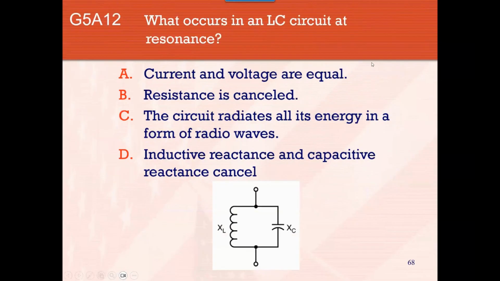What occurs in an LC, an inductor capacitor circuit, at resonance? Resonance means that X sub L equals X sub C. The inductive reactance is equal to the capacitive reactance. When that happens, they cancel each other out. You remember that inductors and capacitors are opposite each other.